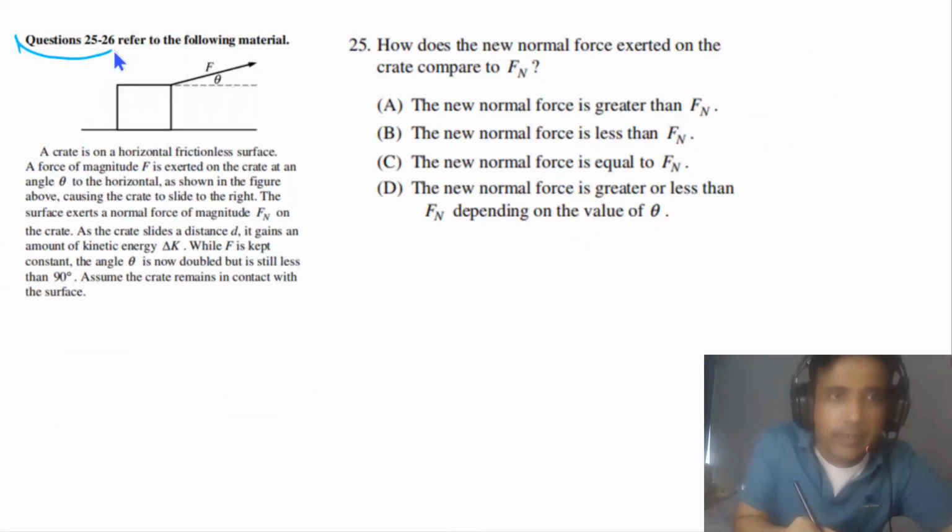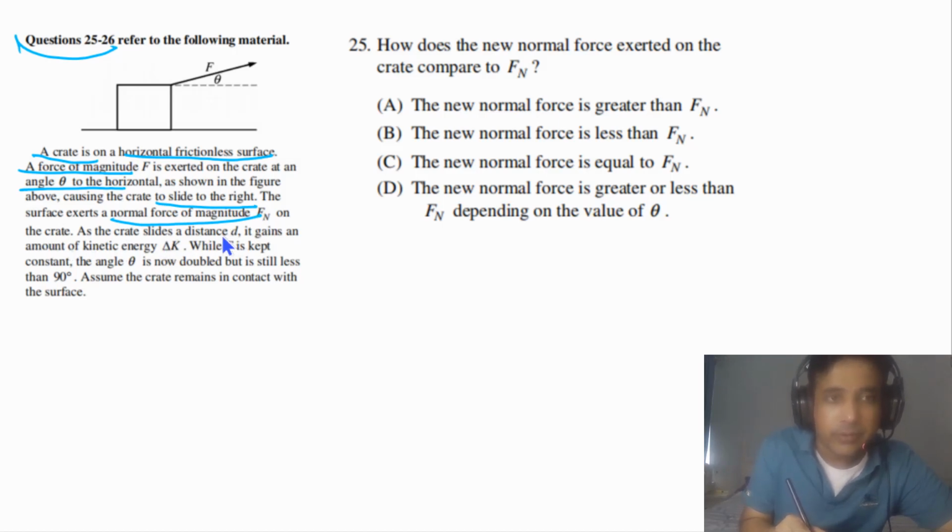For question 25 and question 26, it is given that a crate is on a horizontal frictionless surface. A force of magnitude F is exerted on the crate at an angle theta to the horizontal as shown in the figure above, causing the crate to slide to the right. The surface exerts a normal force of magnitude Fn on the crate.